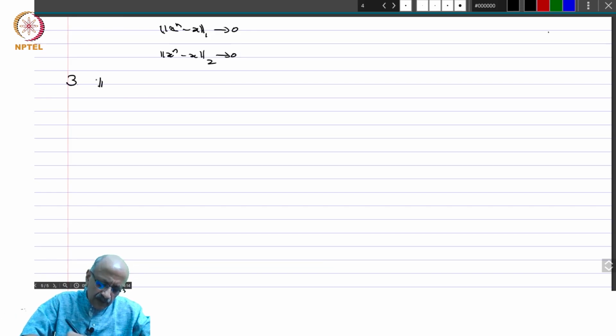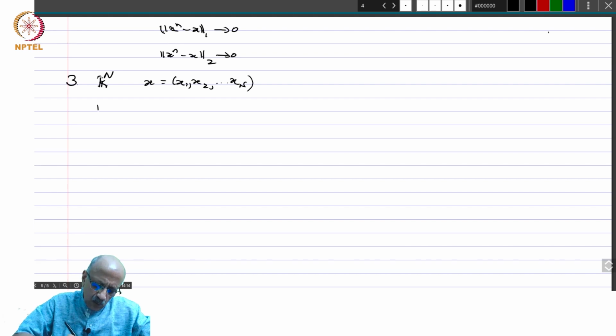So example 3, let us go to Rn. Any vector x you write as x1, x2, up to xn. Then let 1 less than or equal to p less than infinity.